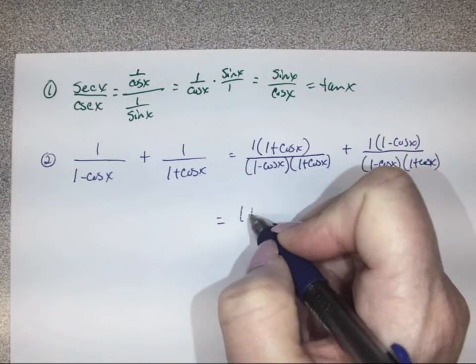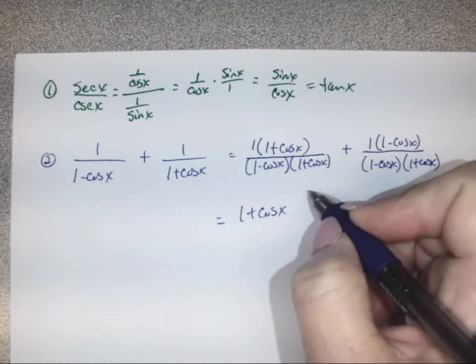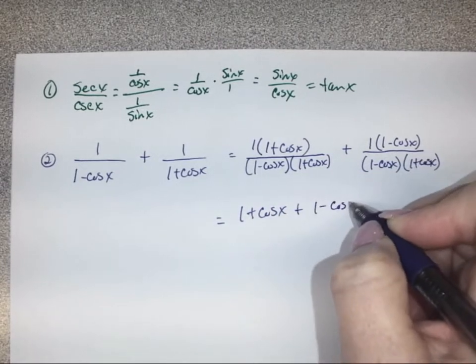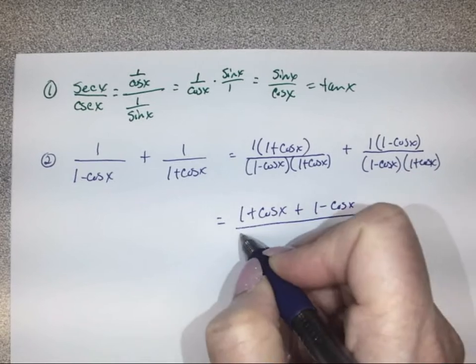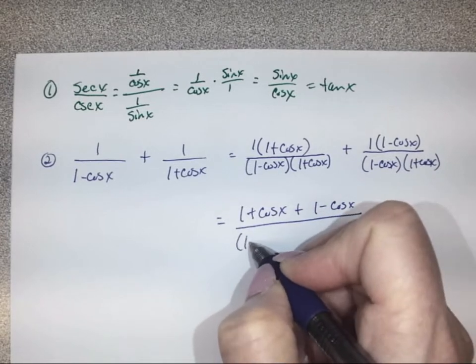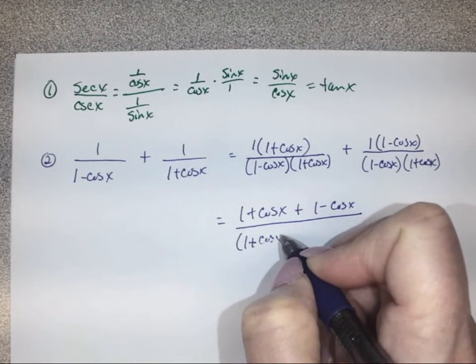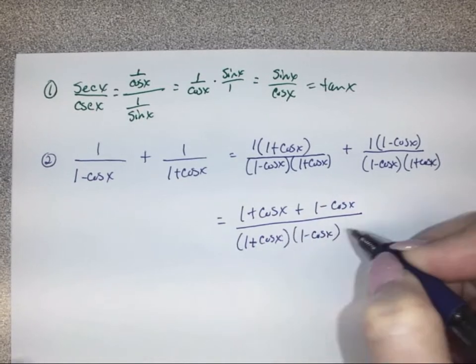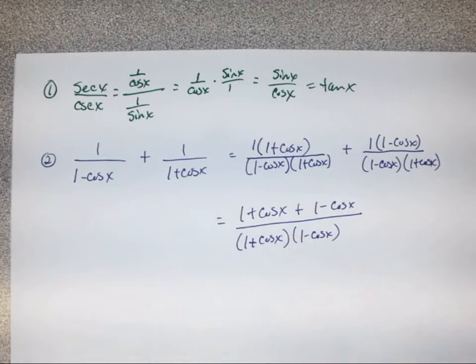So we're going to have 1 plus cosine x plus 1 minus cosine x all over our common denominator of 1 plus cosine x, and then 1 minus cosine x. I switched the order of the plus and minus, but it doesn't matter.